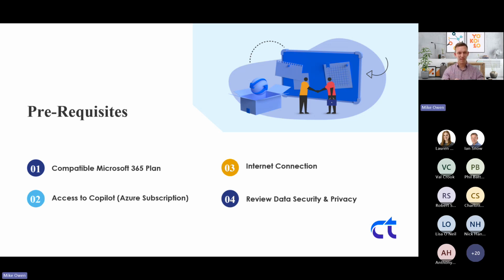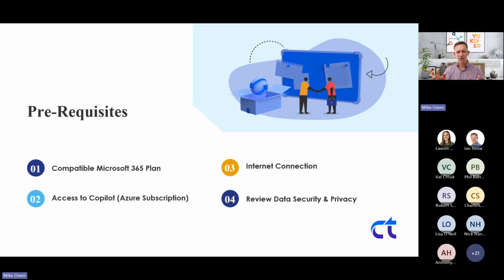We also then need to actually have access, and I put access to Copilot here. Obviously, if you want to use the free license that is part of your plan, you will need to have an Azure subscription set up. That's dealing with the consumption-based licensing, whereas the majority of licenses in Office 365 is per user.